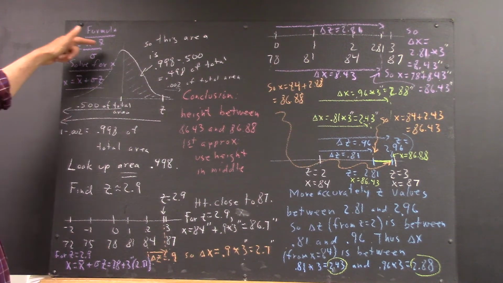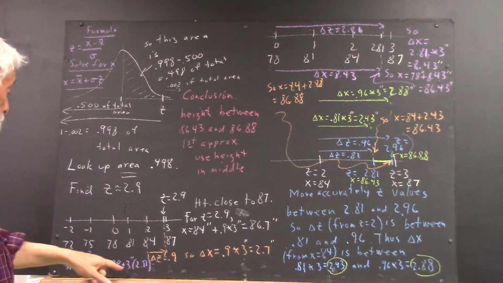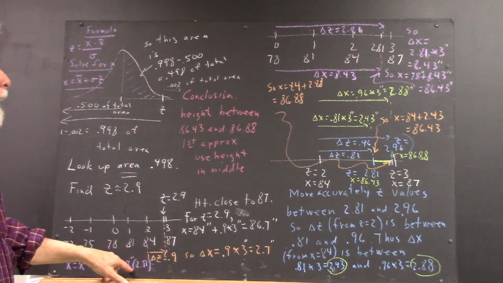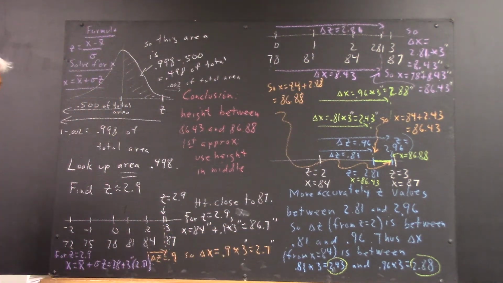Okay, so if you got the formula, you can solve it for x, then you can plug in your standard deviation and your z and do this calculation, and you're going to get identically the same thing that we got here, 86.7 inches.